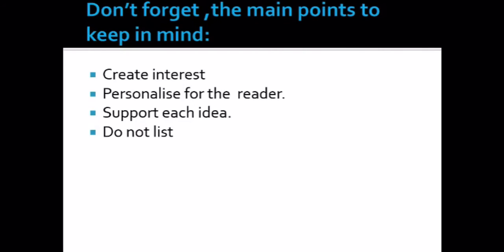So I can say that Auntie Nana, for example, who is permanently on a diet, tucked into the chocolate cake. So I know that she is on a diet and she is doing something completely different and strange. By this I am creating interest.